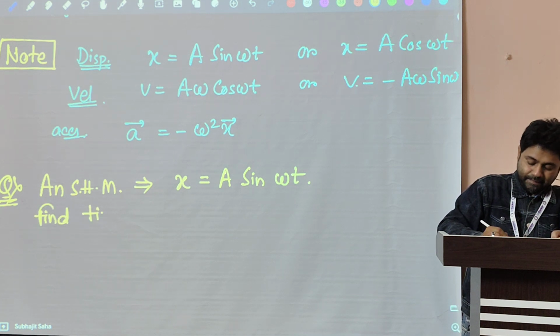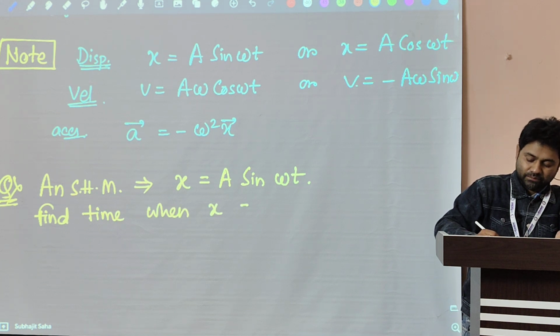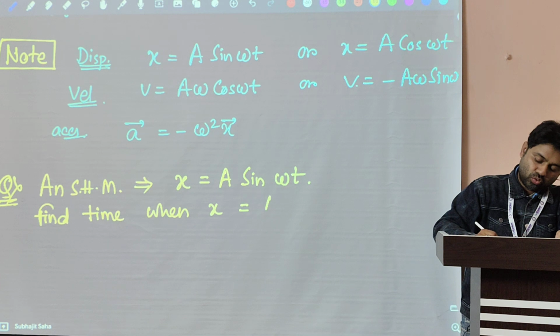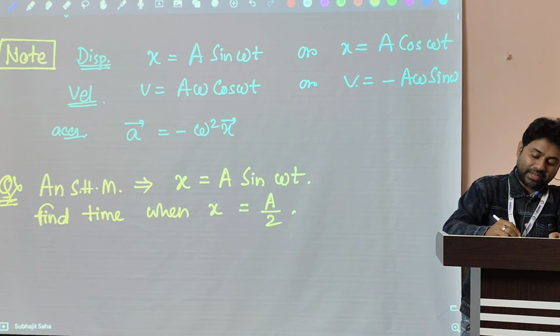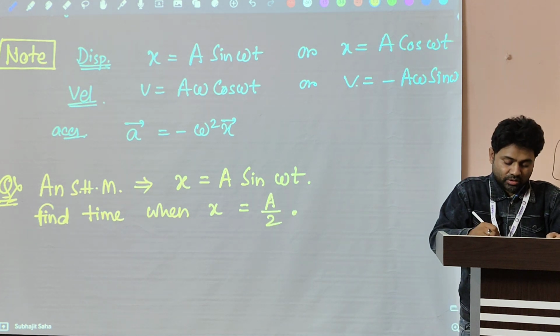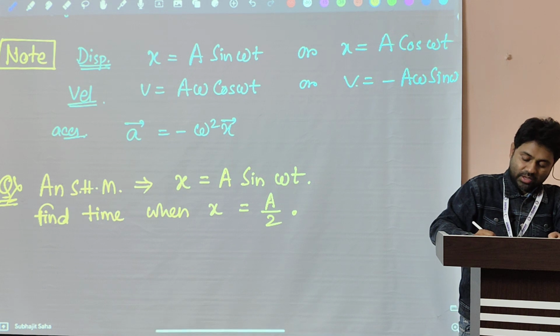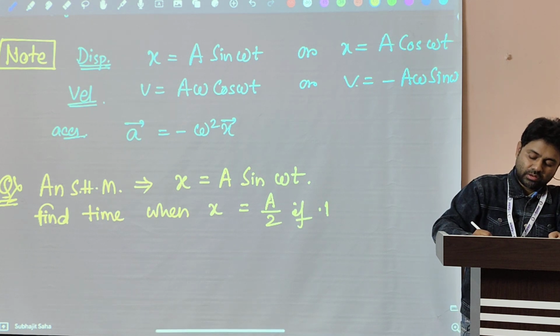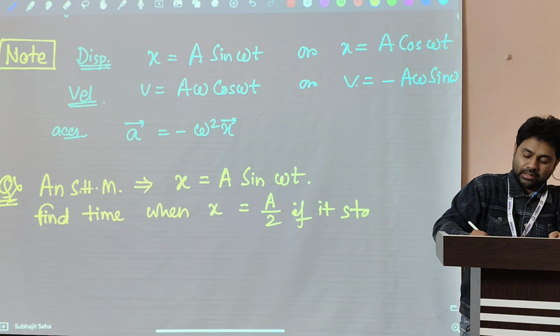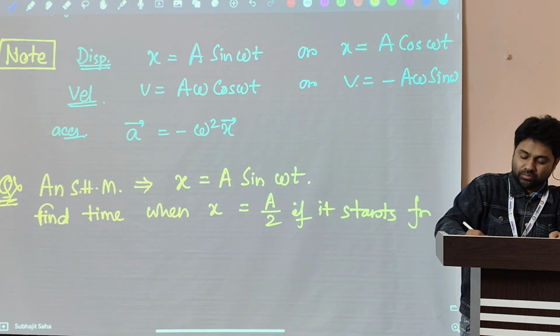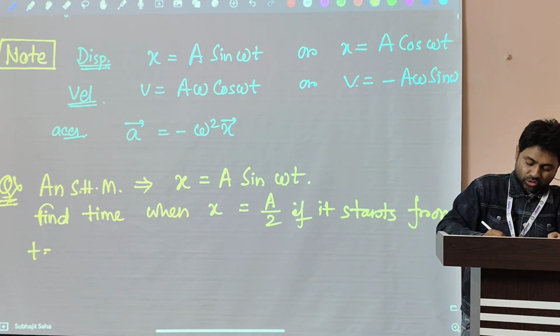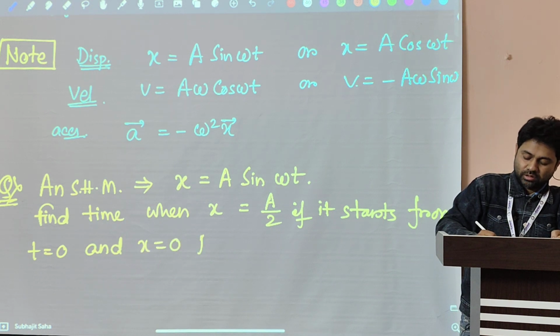Find time when x will become A by 2. After what time x will become A by 2, if the particle starts from t equal to 0 and x equal to 0 position? At time t equal to 0, at x equal to 0 position.